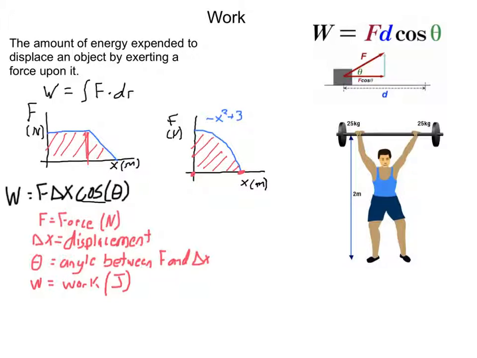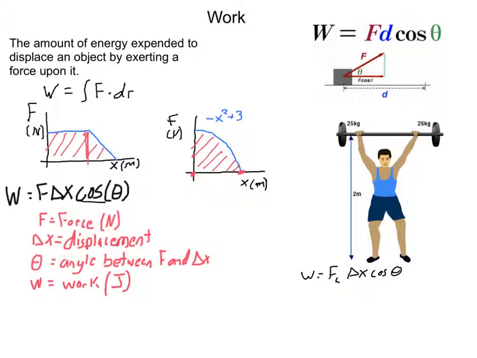Now, a simple problem over here, if we were just going to try to solve one straightforward, for example, I've got a weightlifter. He lifts up, it looks like 50 kilograms, 2 meters, and the force he lifts with is going to be straight up, so work equals force of lift times delta x, right, delta x cosine theta.